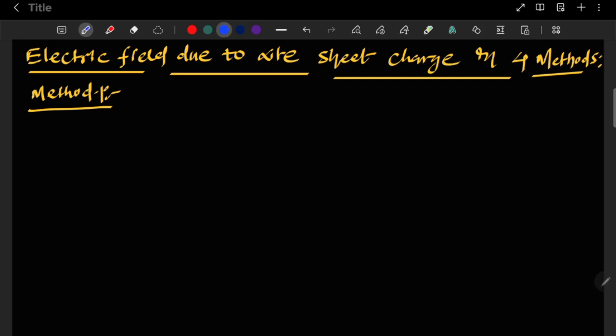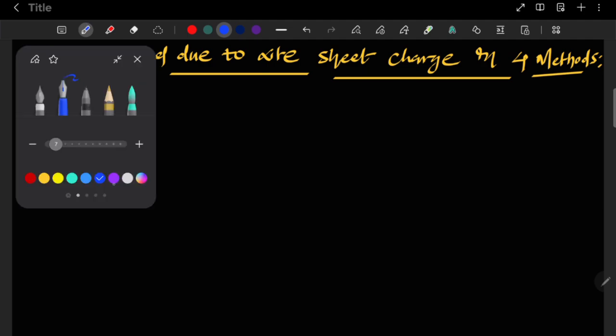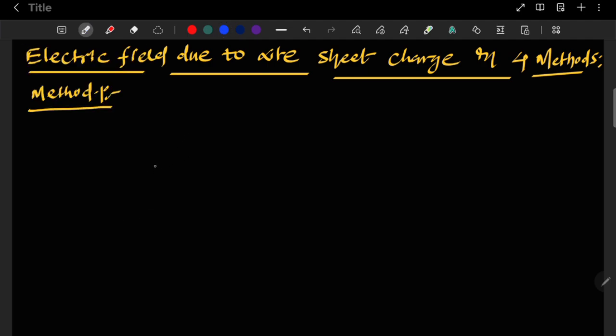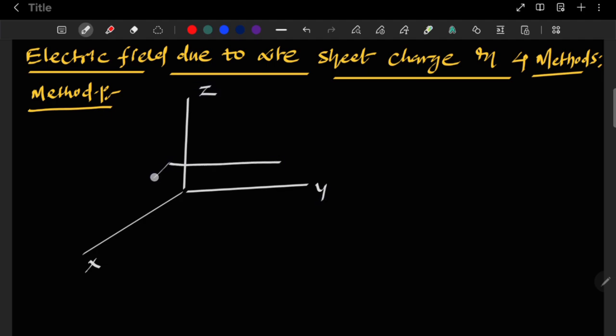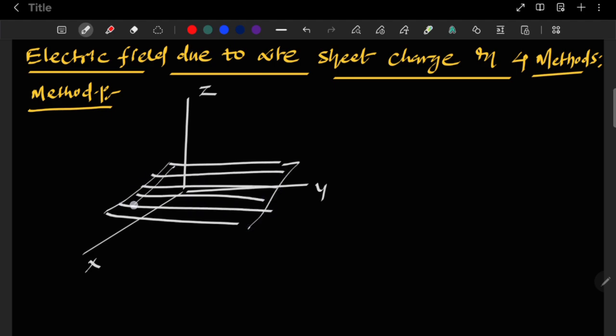So we'll assume the x-axis is coming out of the screen, and the screen is nothing but the yz plane. So I am taking the infinite sheet on the xy plane.